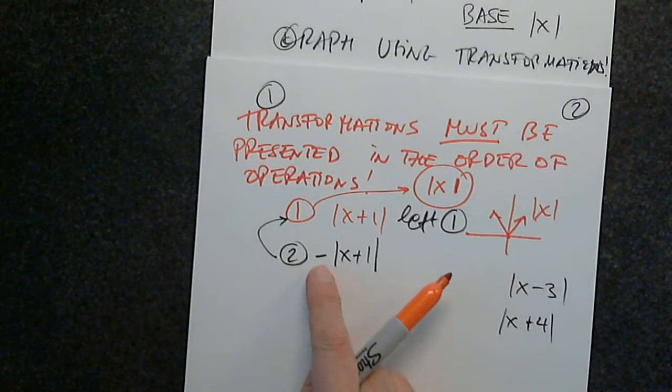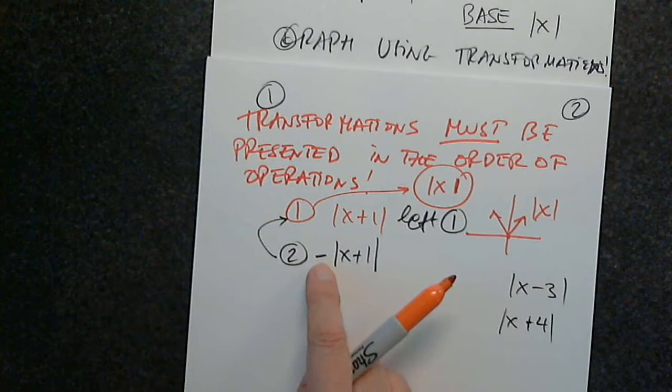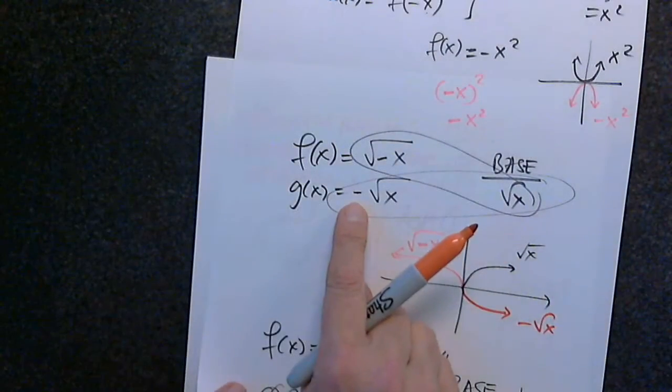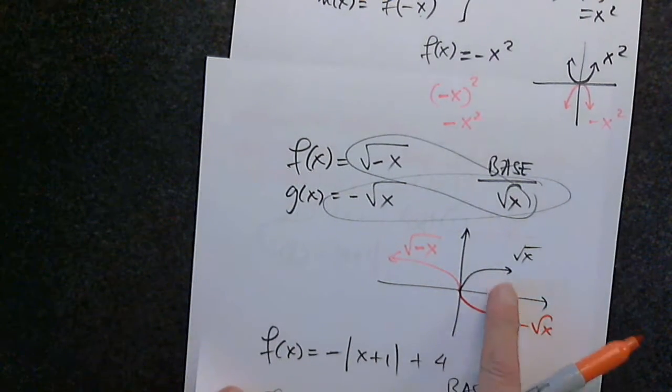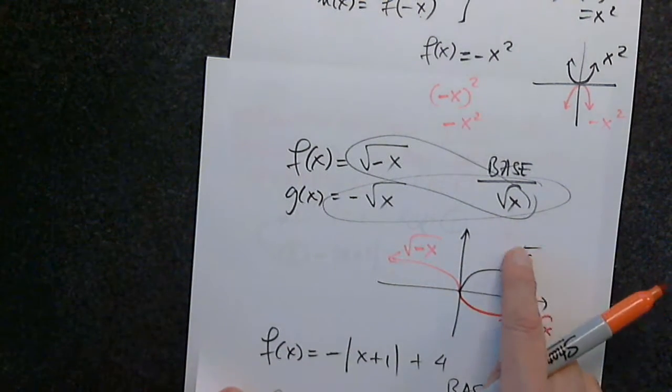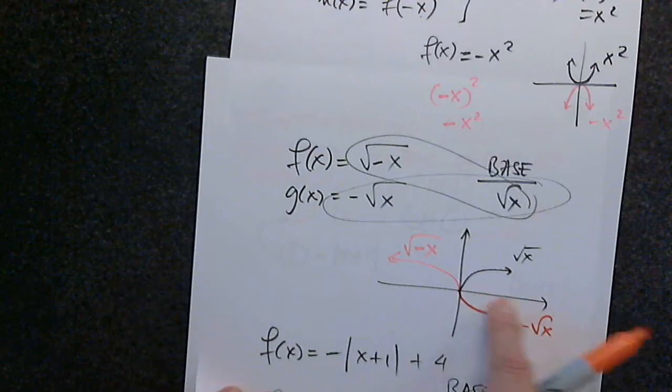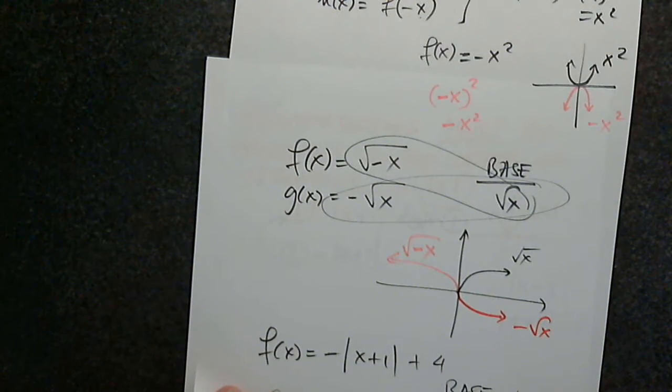Careful. We're multiplying by negative 1. So when we multiply y by negative 1, it's a reflection with respect to the x-axis.